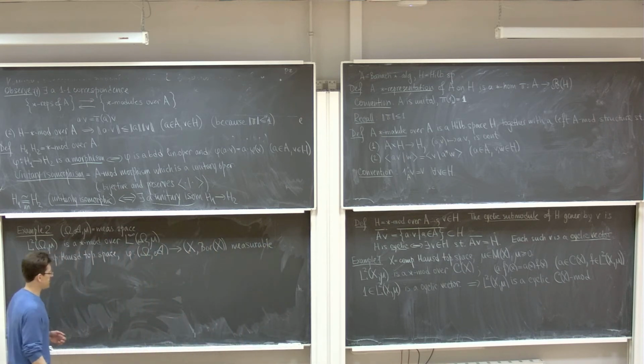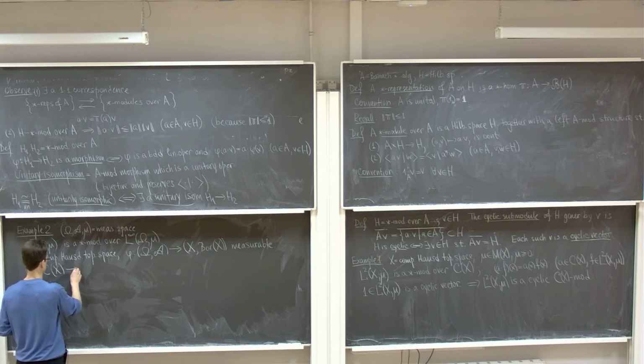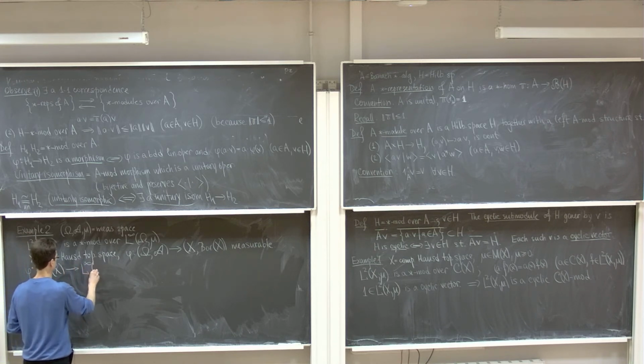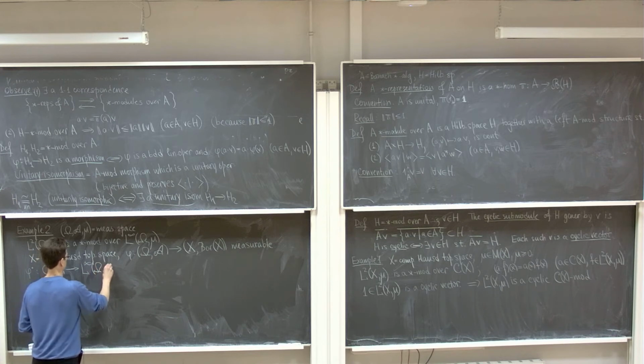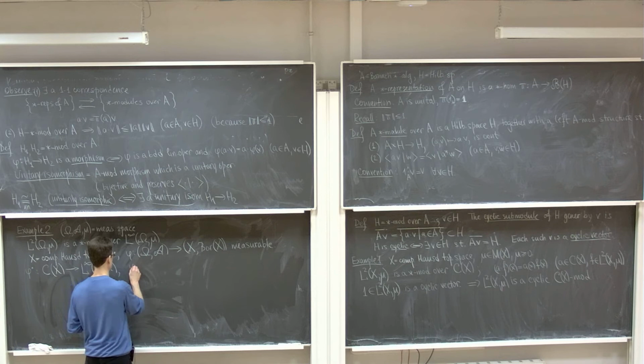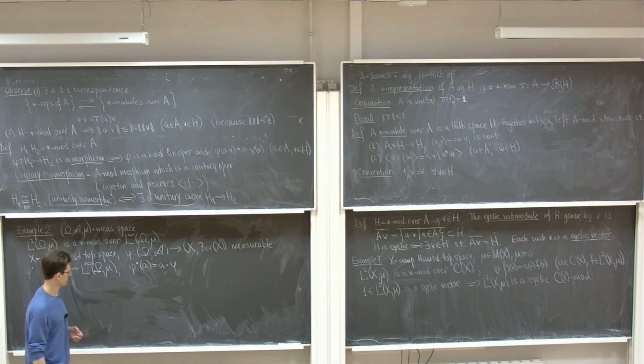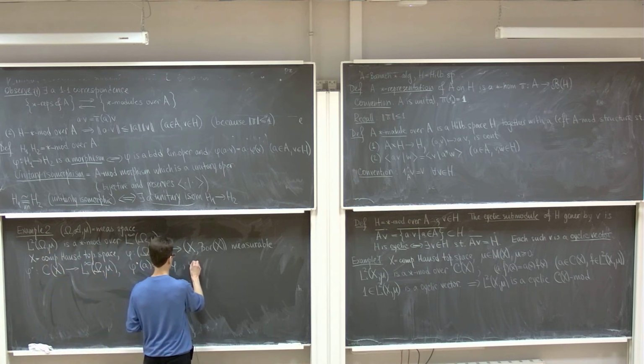Observe now that phi induces a star homomorphism, phi dot, from the algebra of continuous functions on X to the algebra L infinity of omega. And this homomorphism phi dot is just the composition with phi. So this is a star homomorphism.